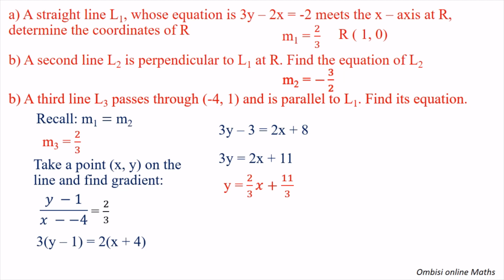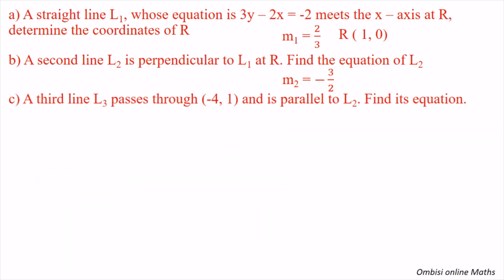We go ahead and look at the next bit of the question that says determine the coordinates where L2 intersects L3. Now, where two lines intersect, we solve the equations simultaneously, or equate the values of y, because all of them are y equals.